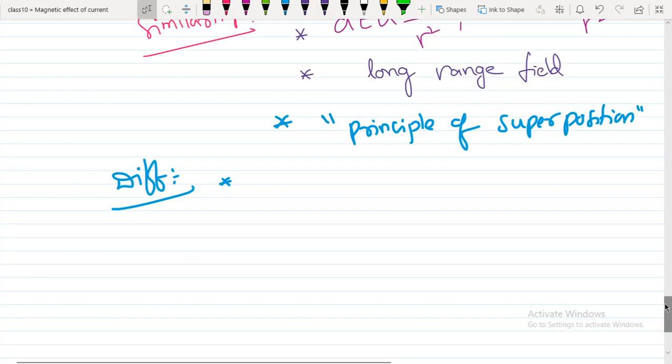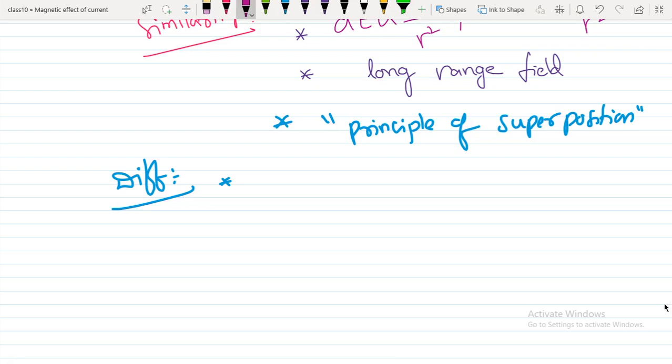The direction of the electrostatic field is along the displacement vector joining the source and the field point. When you find the electric field direction, it is along the vector joining the source and the corresponding field point. But the direction of the magnetic field is perpendicular to the plane containing the displacement vector.